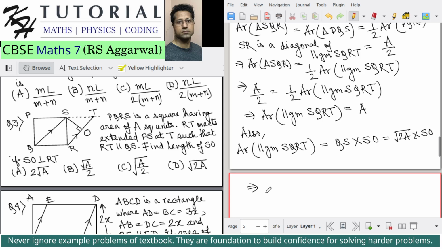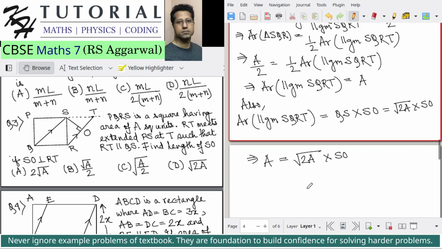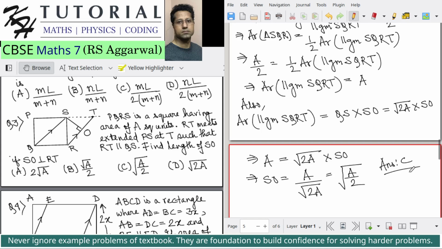The area of parallelogram SQRT is A, so A is equal to square root of twice A multiplied by SO. From here we can get SO. SO will be equal to A by square root of twice A, which, if you simplify it, is equal to square root of A by 2. So the correct choice is C.